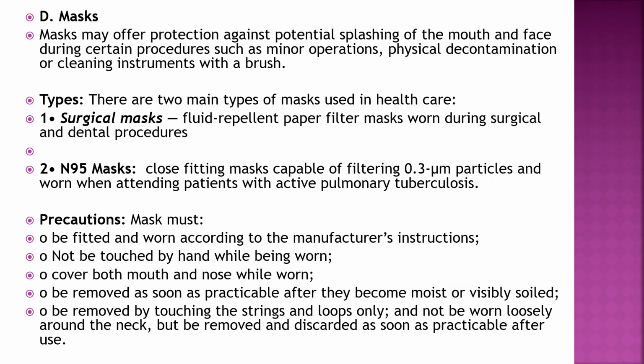Masks should be fitted and worn according to the instructions, and not touched by hand while being worn. They should cover both mouth and nose, be removed as soon as possible if they become moist or spoiled, and be removed by touching the straps, not the mask. Hand hygiene should be done after removing the mask.